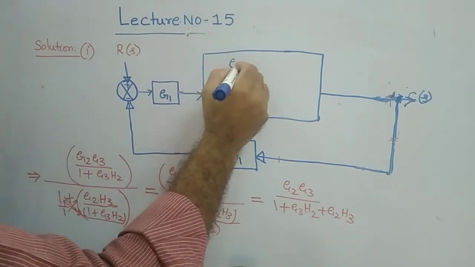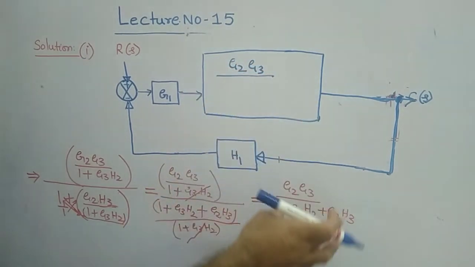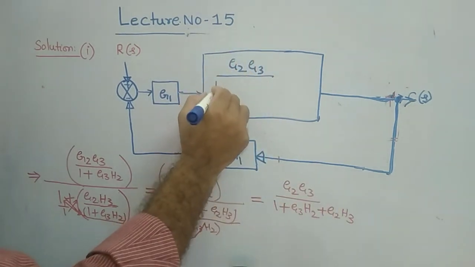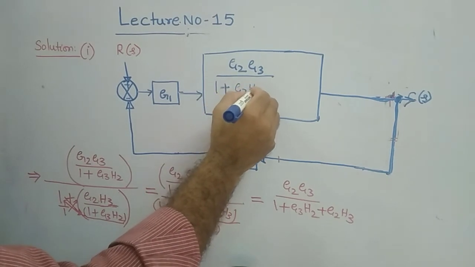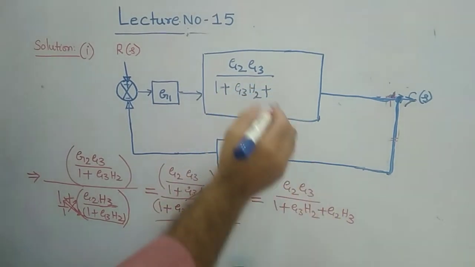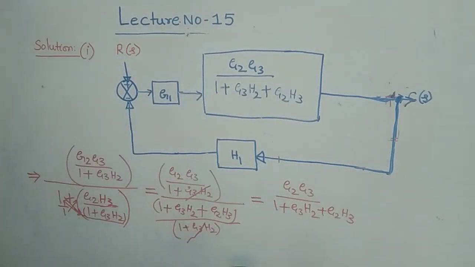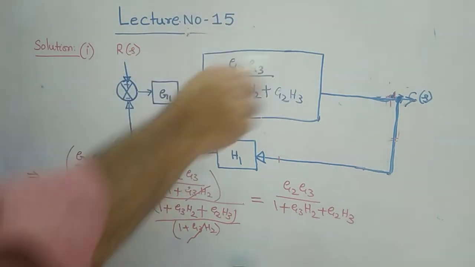G2 G3 by the same whatever you derived here, that much quantity you write here: 1 plus G3H2 plus G2H3, understood? So now that is what your equivalent gain is after eliminating that loop.